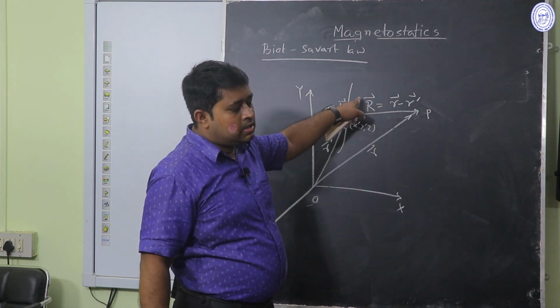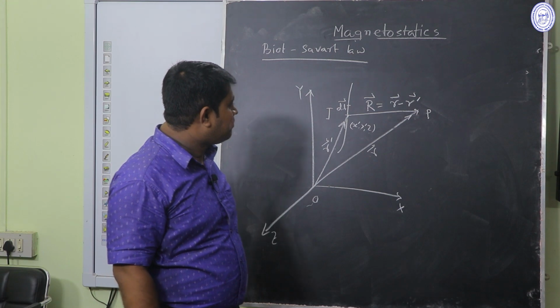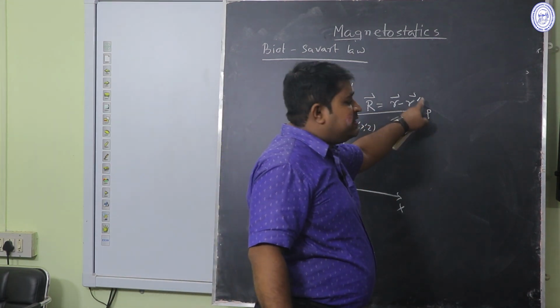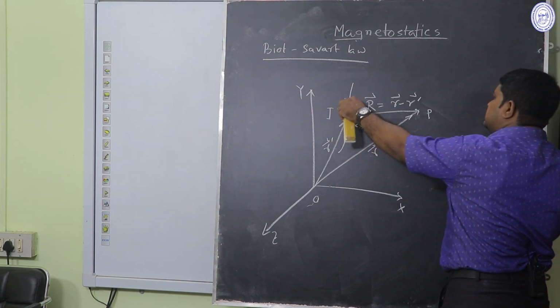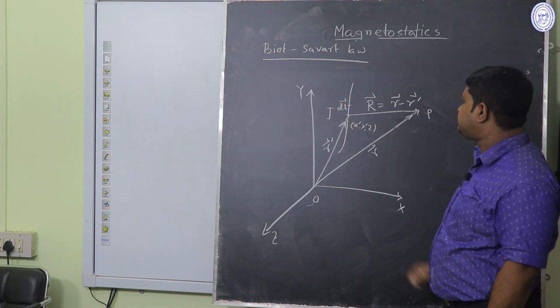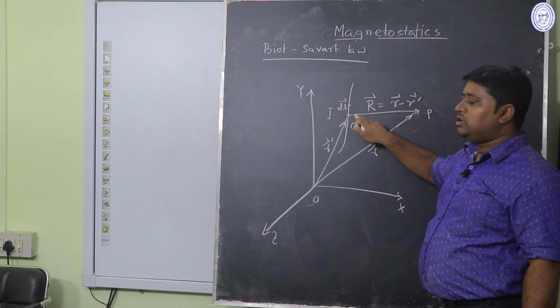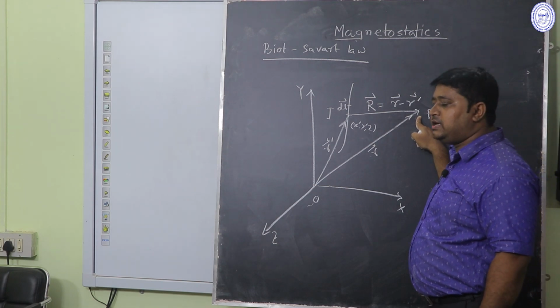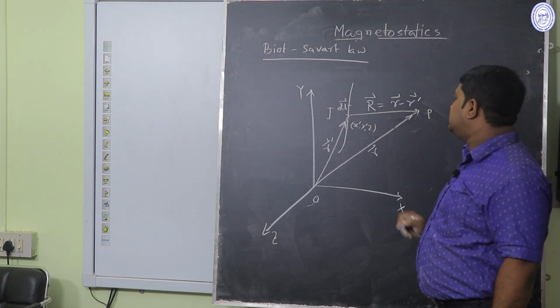This point P is known as the field point, and the elementary length dl is known as the source point.